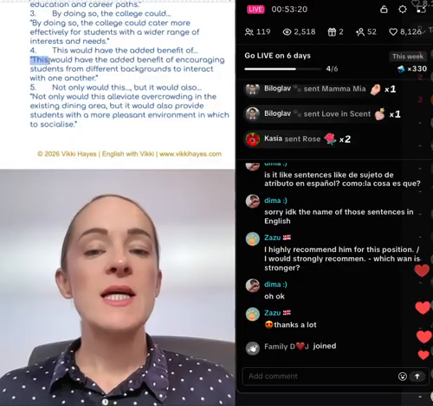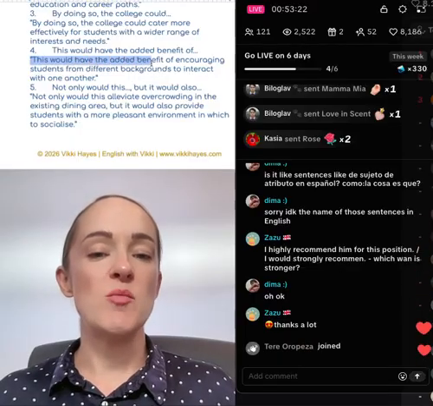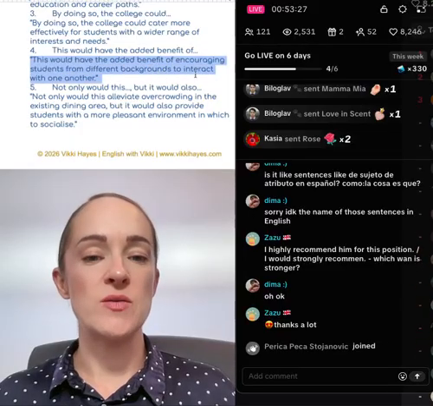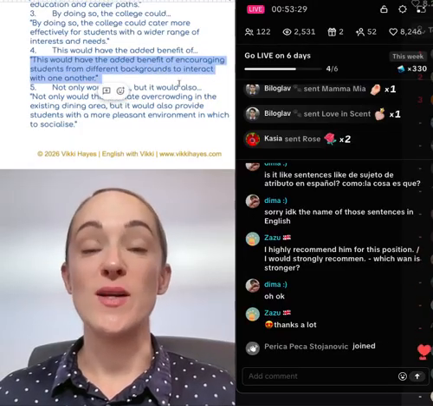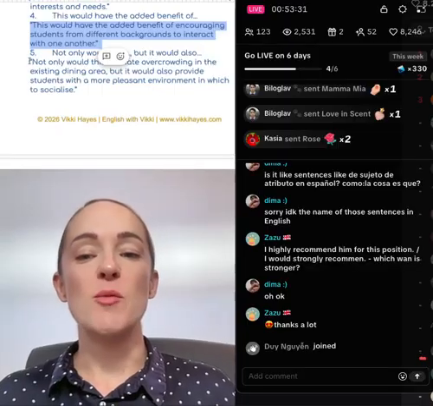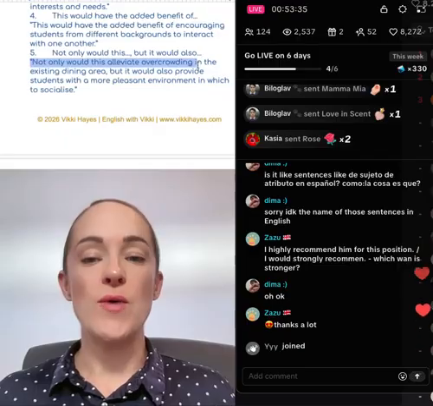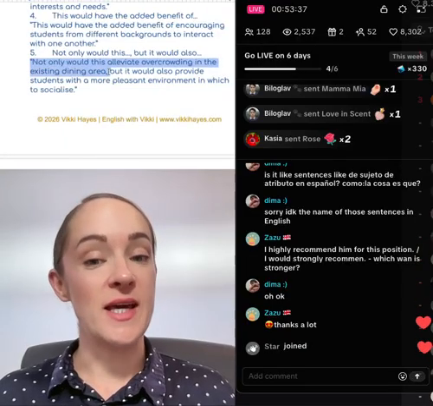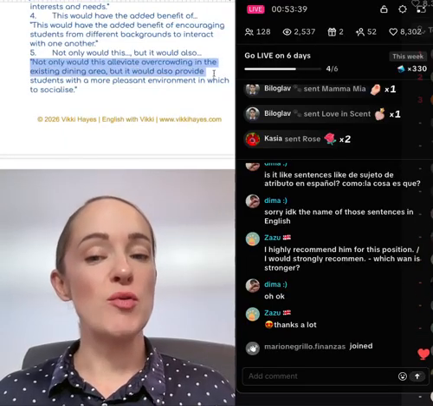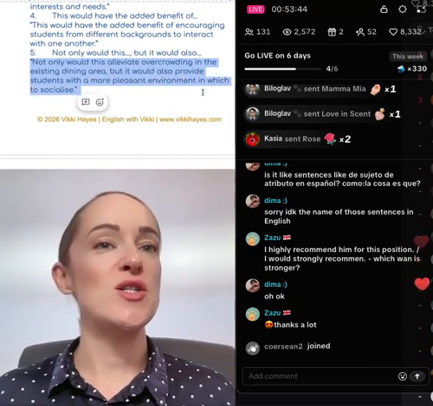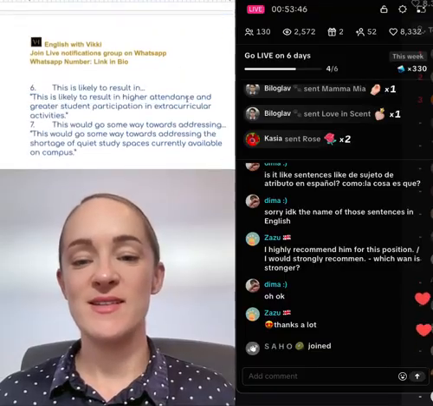By doing so, the college could cater more effectively for students with a wider range of interests and needs. Number 4, this would have the added benefit of encouraging students from different backgrounds to interact with one another. Number 5, not only would this alleviate overcrowding in the existing dining area, but it would also provide students with a more pleasant environment in which to socialize.